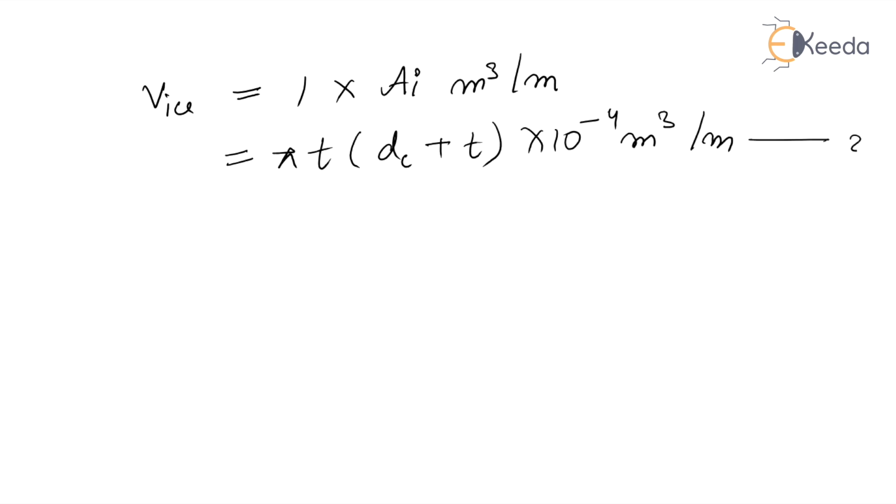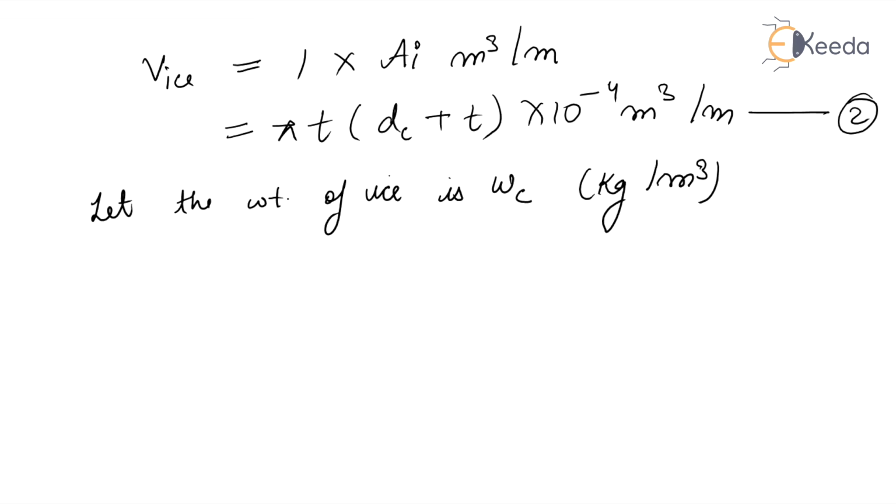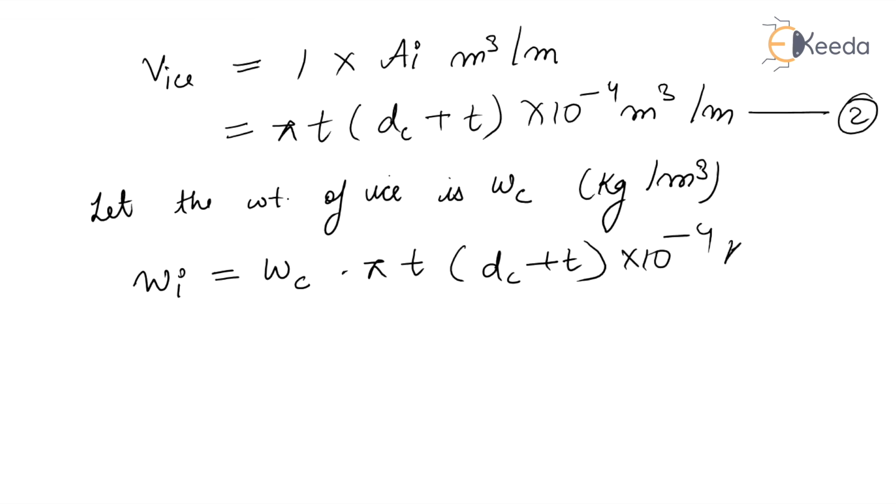This is equation number 2. Now, let the weight of ice be WC kg per meter cube. So the weight of ice per meter is equal to WC pi t (dc plus t) into 10 to the power minus 4 kg per meter. Equation number 3.